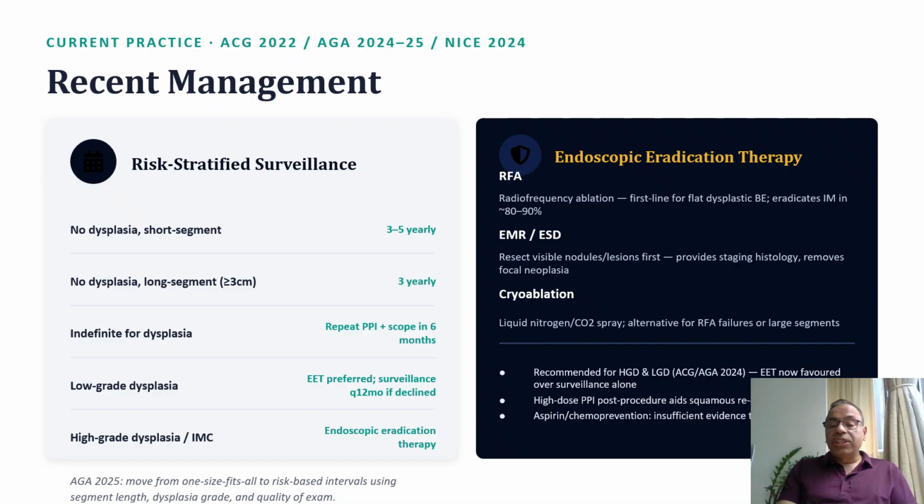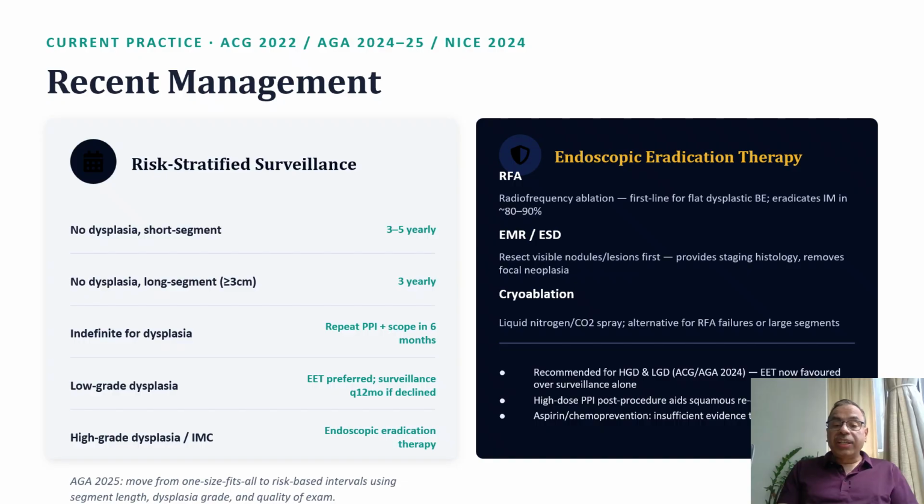So ideally, it is used for flat lesions which are 1 to 2 centimeters in maximum extent. In such cases, endoscopic mucosal resection would be favorable.